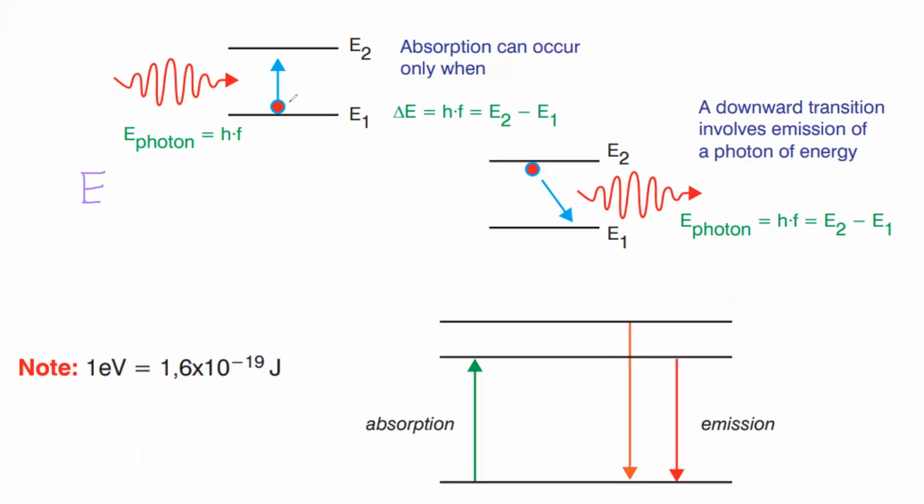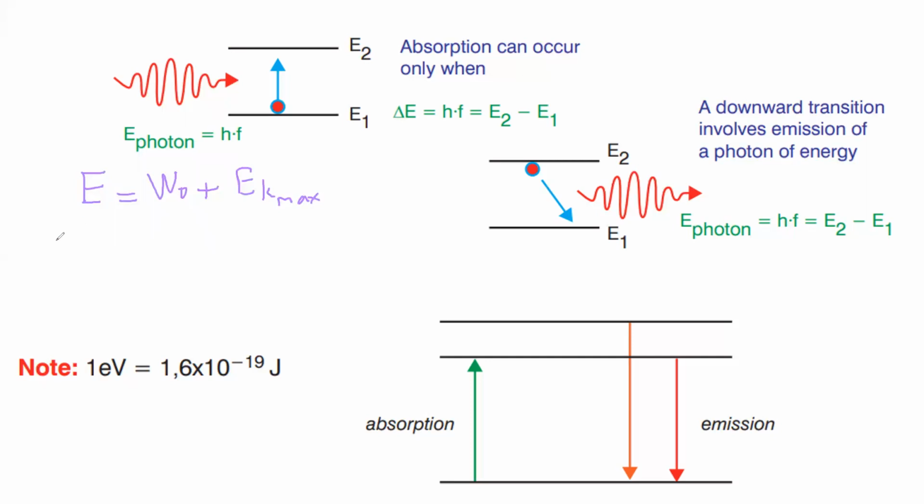The electron will start moving, it's going to go up. So we can say energy equals work function plus kinetic energy. All the extra energy will change to kinetic energy.